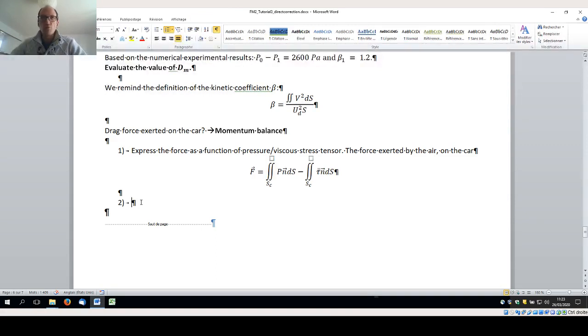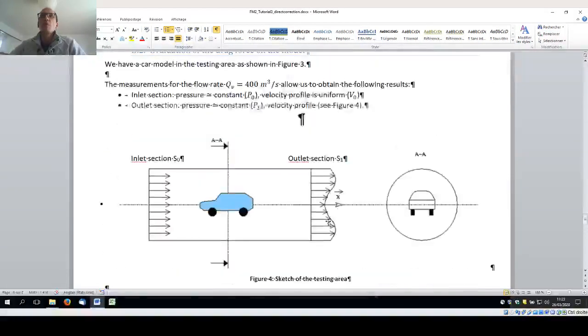So we are looking to apply momentum balance. In order to apply momentum balance, you need to define the fixed control volume of interest. Here what we are looking for is what's happening on the car. We have information about inlet section, outlet section.